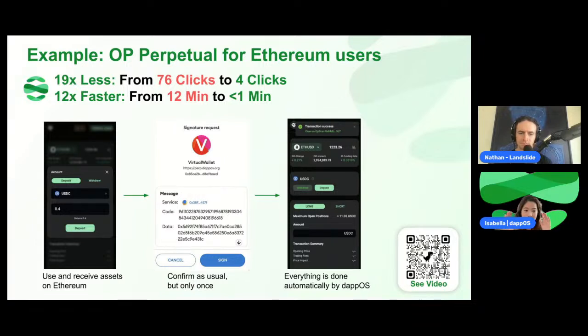This is just one of the use cases we have, this OP perpetual example. We make the complication 19 times less. Previously you had to click 76 times, but now you only click 4 times, and the time to execute all of this is reduced 12 times.